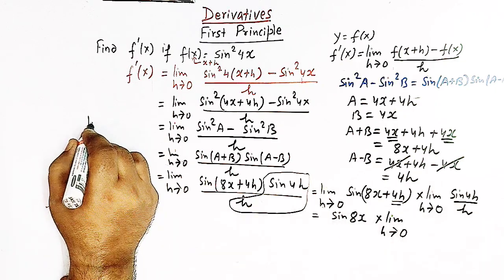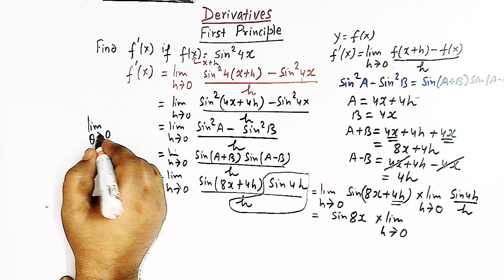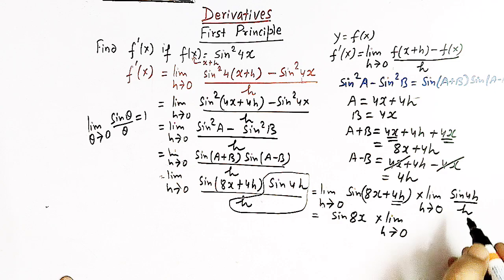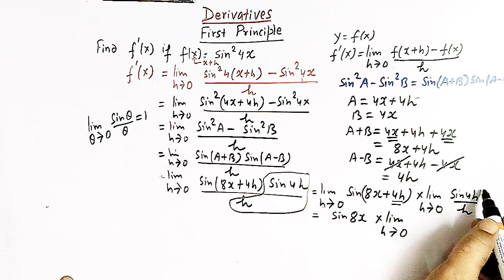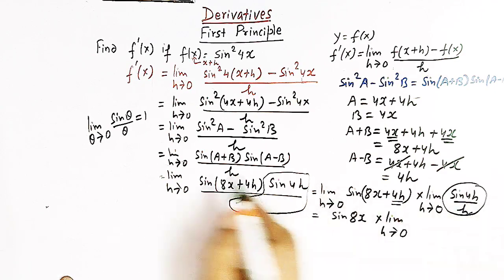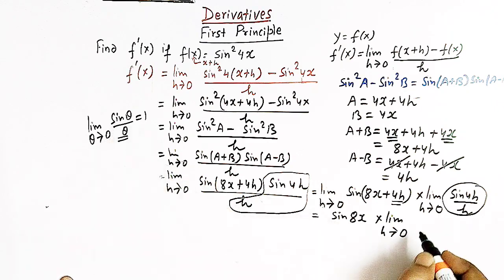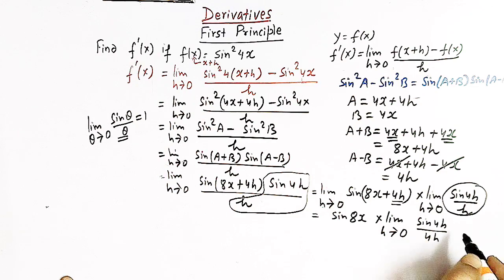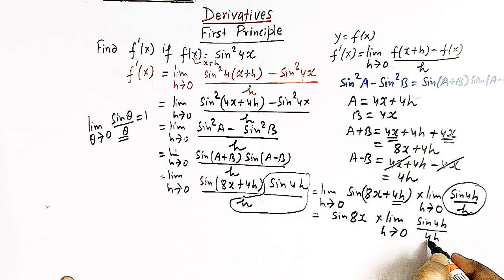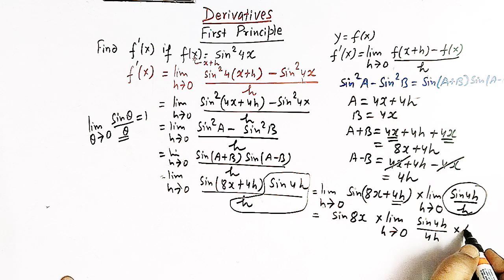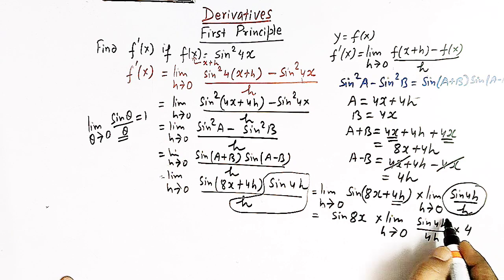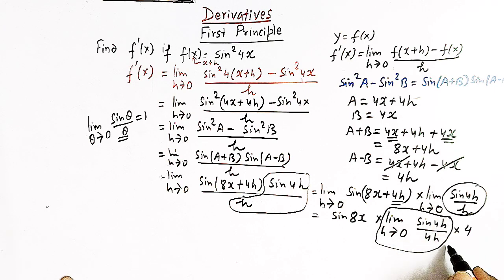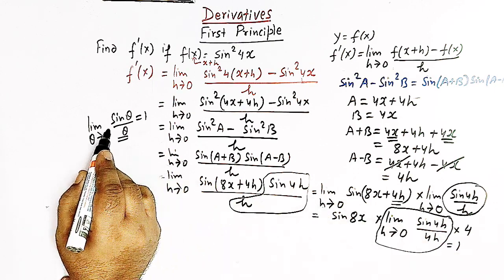Now see, we know that limit theta tends to 0 of sine theta over theta is equal to 1. So to convert this expression in this form, we have sine 4h over 4h. We can multiply and divide by 4. So here we can write 4, right? Okay, so now the value of this limit is equal to 1 due to this result.